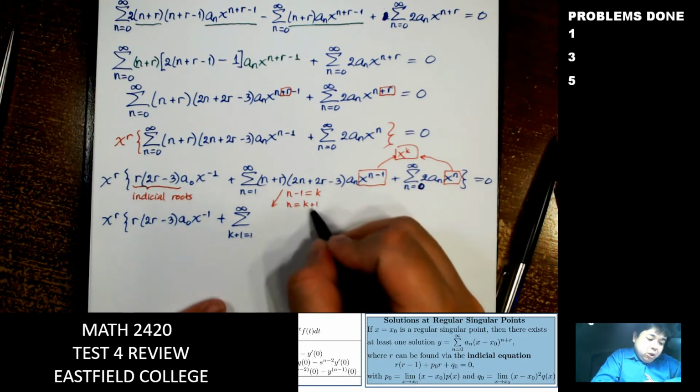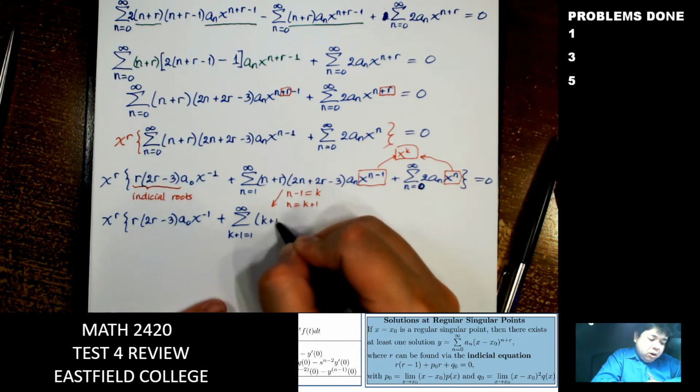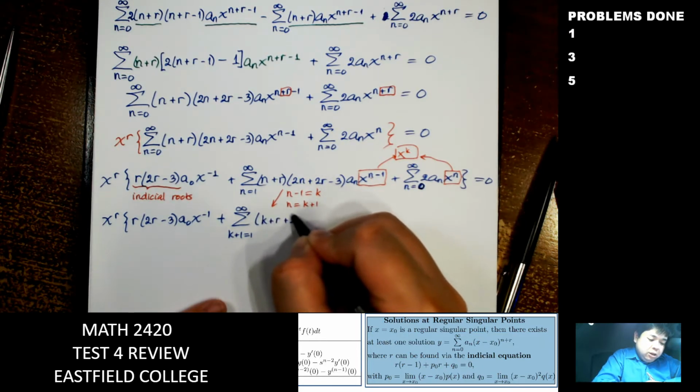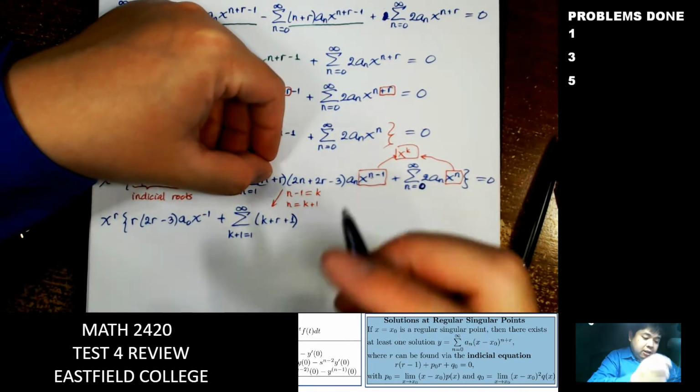So n is equal to k plus 1, so we have k plus 1 in for r, k plus r plus 1, and that is n.